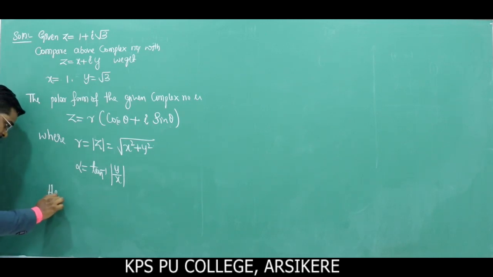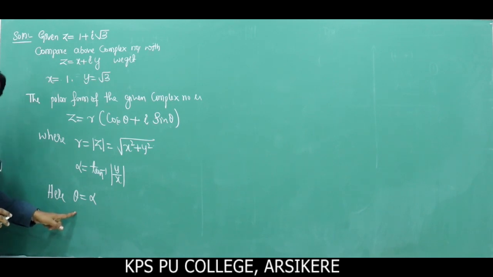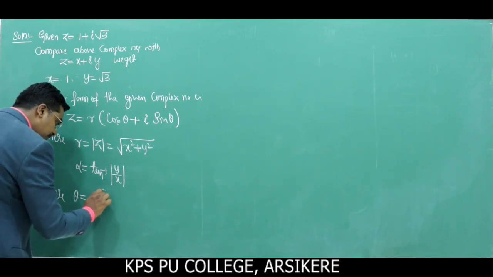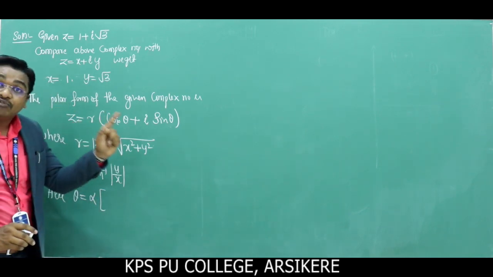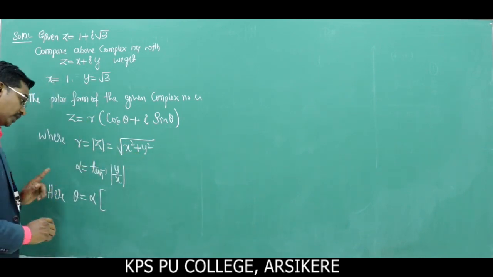Here theta is the principal argument. Theta is equal to alpha, because both x and y are positive, so it lies in which quadrant? First quadrant.